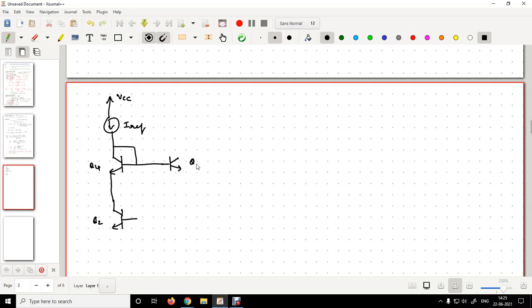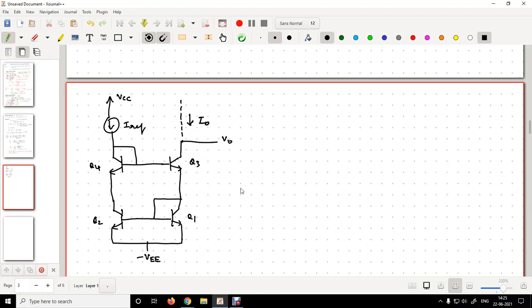This is Q3. This is Q1. This is minus VE. Alright. So this one is like this. Here you will have V naught, and this is I naught.